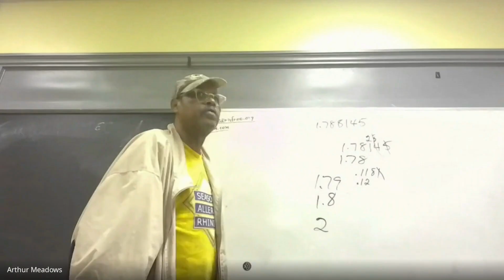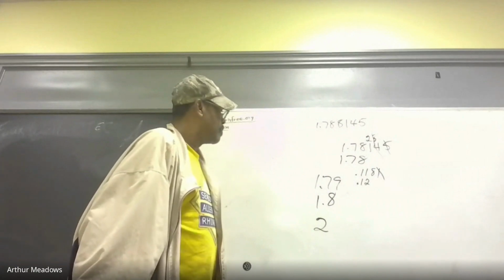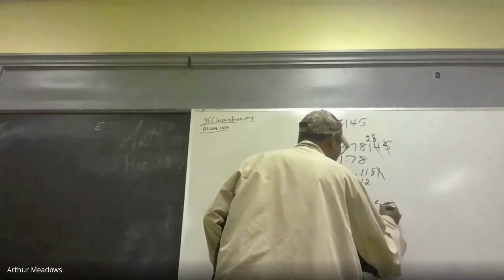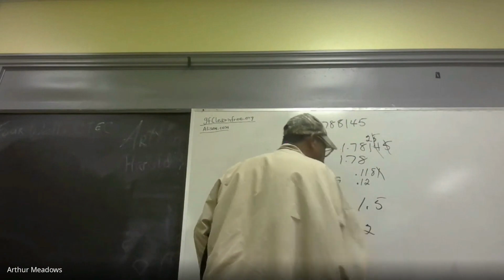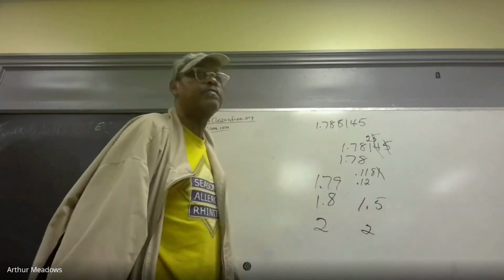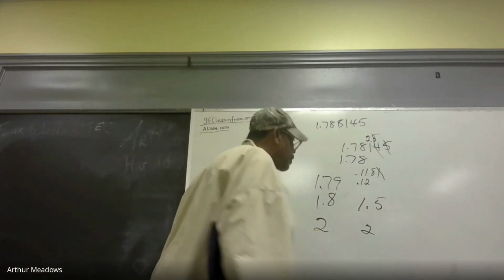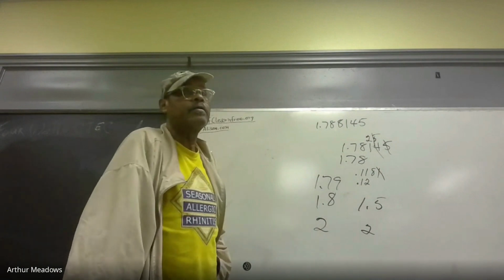All right, I got it. If there had been 1.5, the same difference, that would be 2, because it's higher than 5. It just depends on what you want.